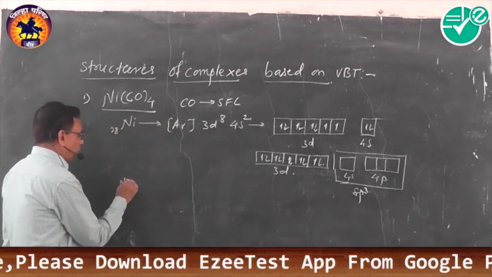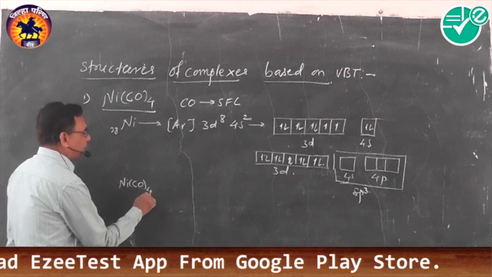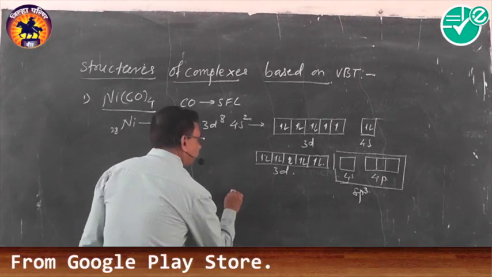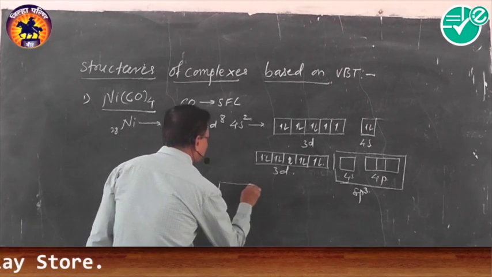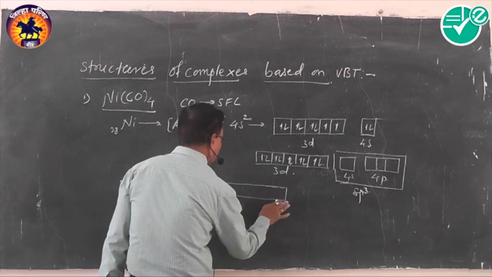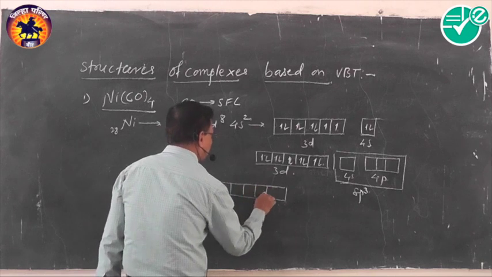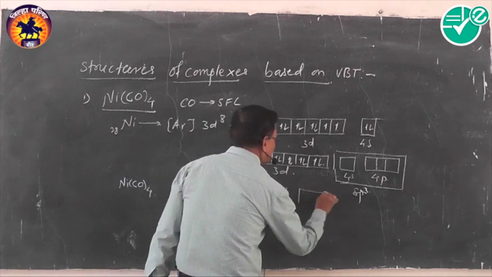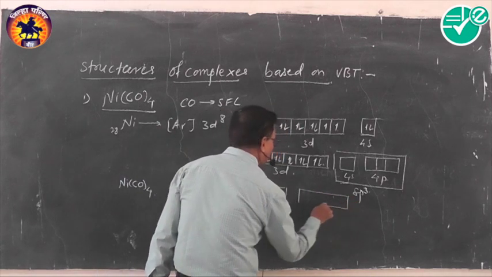So the electronic configuration of the complex NiCO4 becomes, this is 3d and this is sp3 hybridized orbitals.